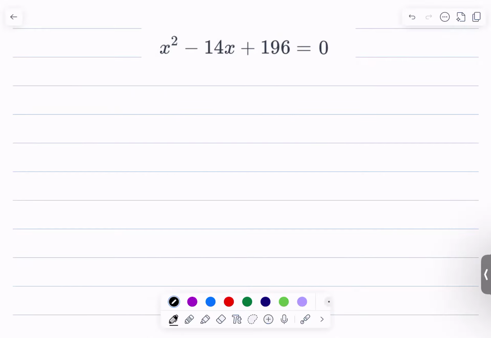4 times 196 is a huge number. You're going to have a calculator on the assessment, but we are also going to have to simplify.